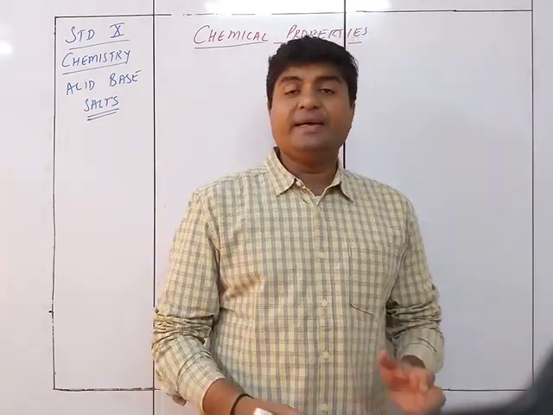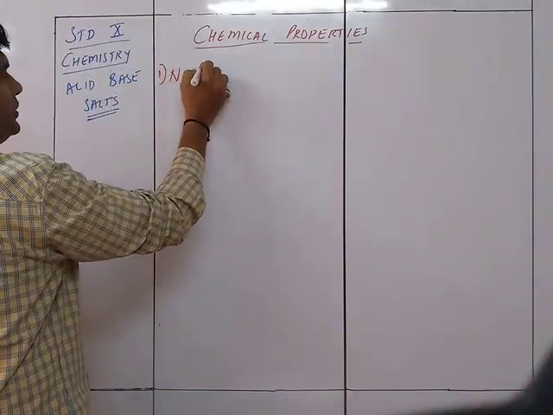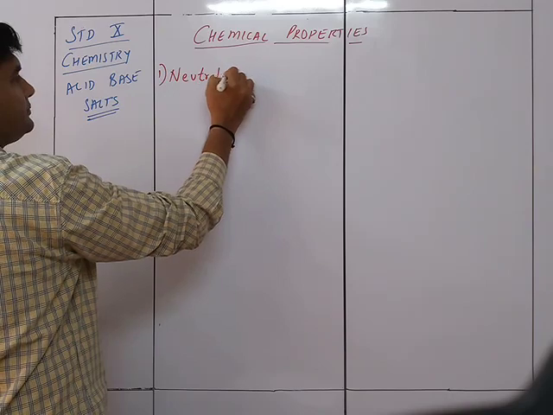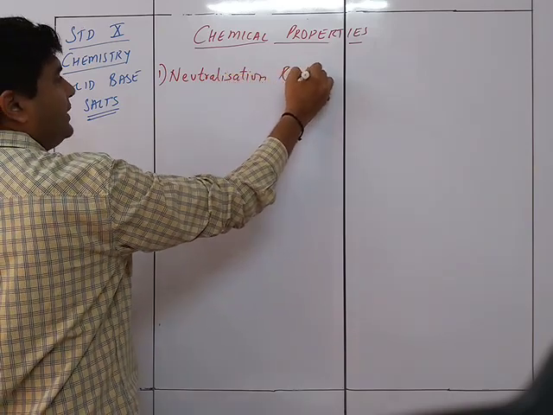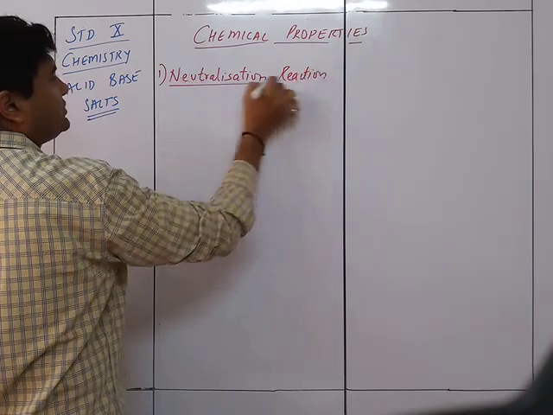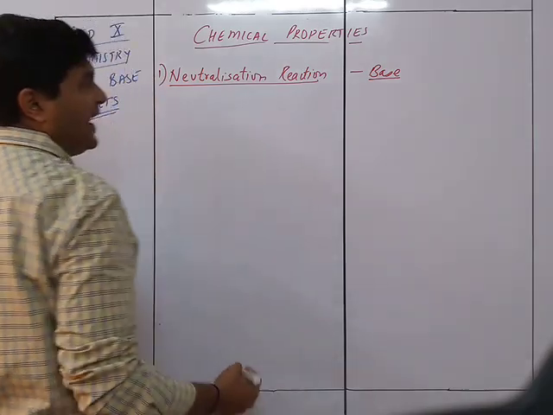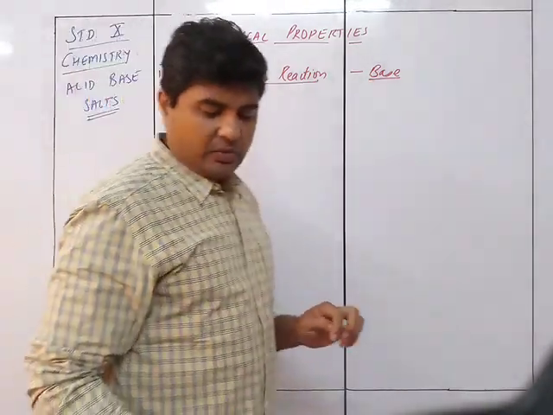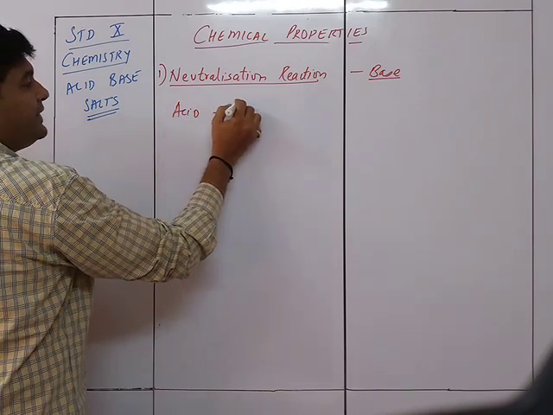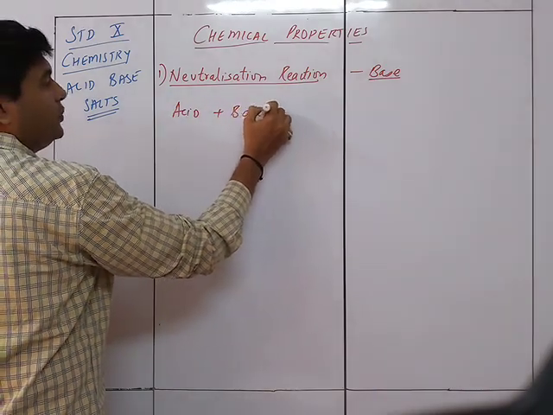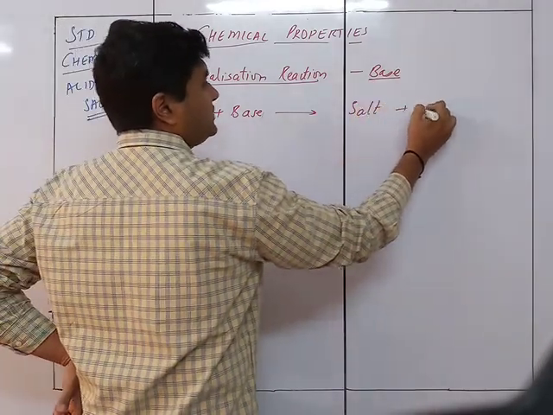The first one is called the neutralization reaction. Neutralization reaction is the one which takes place with a base. When an acid reacts with a base, acid plus base will give you salt plus water.